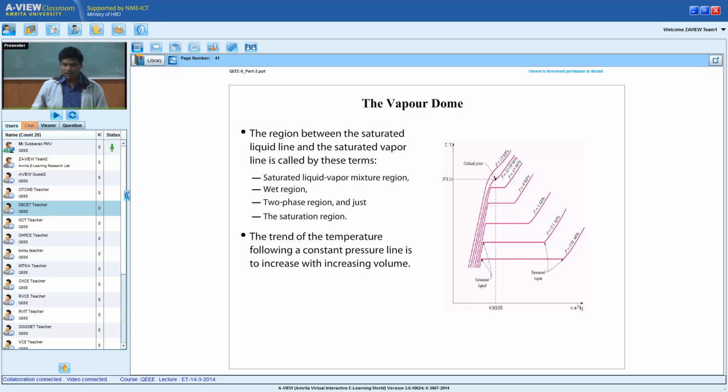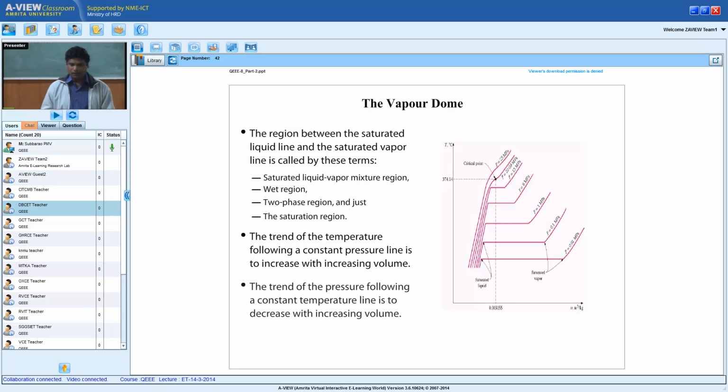You can see this particular one, the trend of temperature following a constant pressure, if you see these constant pressure trends, and the trend of pressure following a constant temperature line is decreasing with increasing volume.